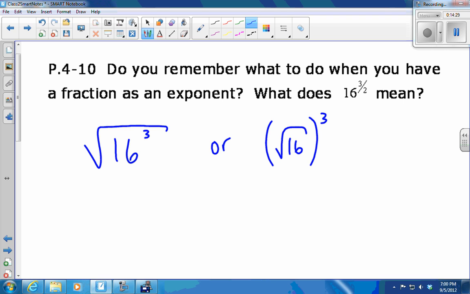So you tend to do the one that makes the problem easier without a calculator. So which one is easier, taking the square root of 16 and then cubing, or cubing 16 and then square rooting? Second one's easier if you don't have a calculator, right? Square root of 16 is 4. 4 cubed is 64. 16 cubed is, I don't know, it's way too big. Can't do it. But both of them will come out to 64.